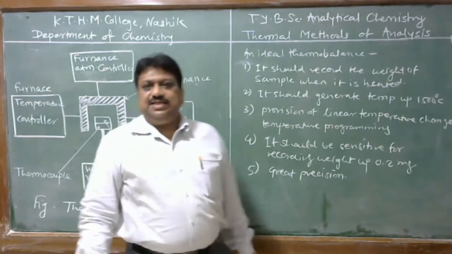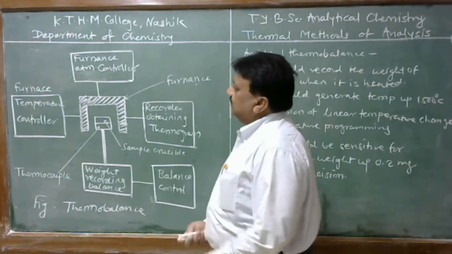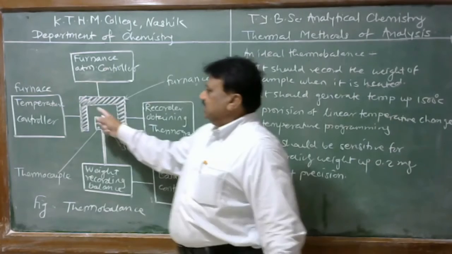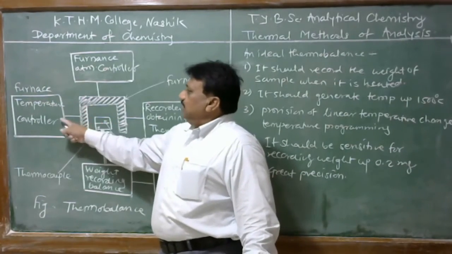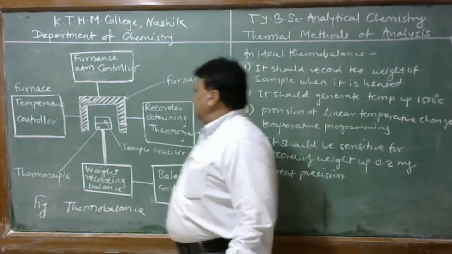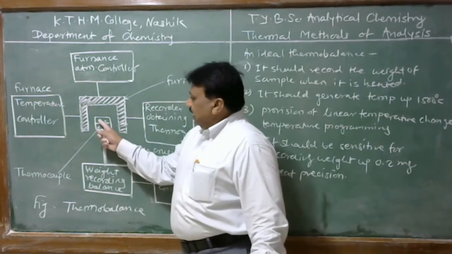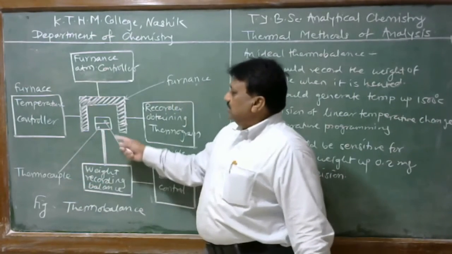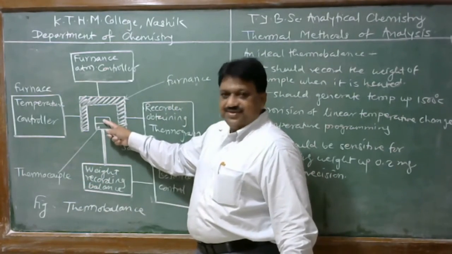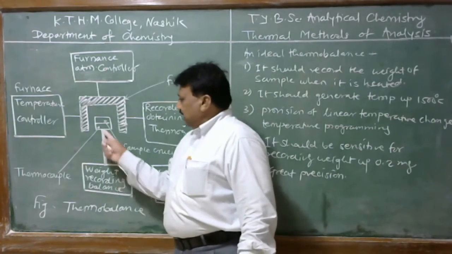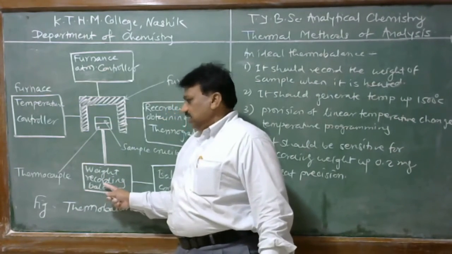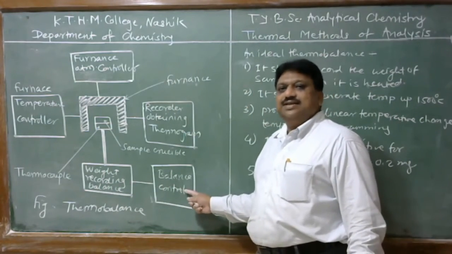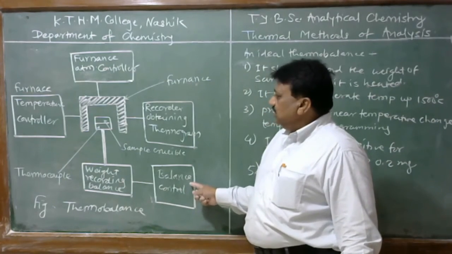Therefore, the thermobalance basically consists of these five different components. First is a furnace, which is an electric oven. The temperature of the furnace is adjusted. Here there is a sample cell placed over a thermocouple. The thermocouple adjusts the temperature of this plate. The plate is directly placed over the recording balance, and the sensitivity of this balance is adjusted by the balance control.